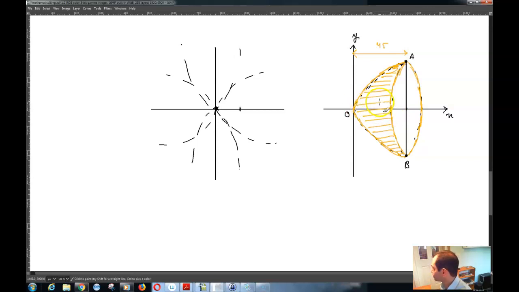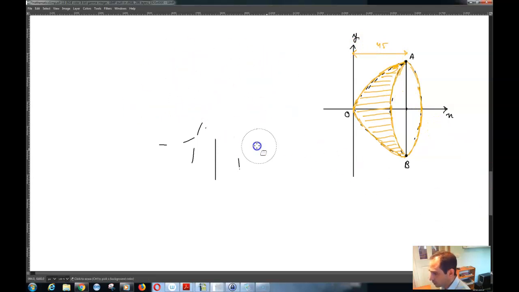If the mirror is 45 centimeters deep, so the mirror is 45 centimeters deep, and the focus, let's call it F, for example, is at 5, 0 on the x-axis.